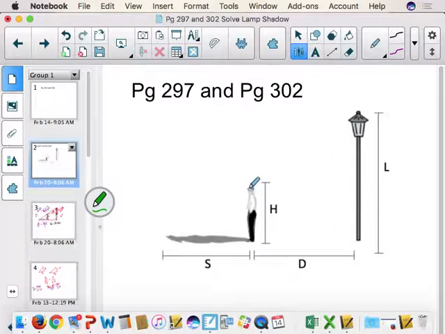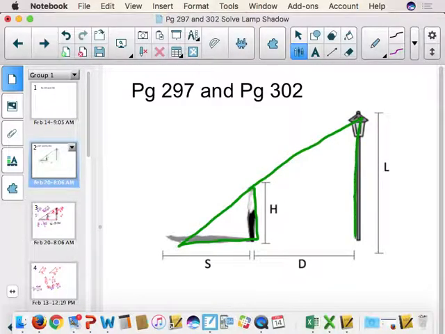The person or the object is forming a triangle with the shadow, and the top of that object could extend to the top of that light source and straight down. Now we have 2 triangles, and the question is, are they similar? The minimum criteria for similarity is 2 angles.